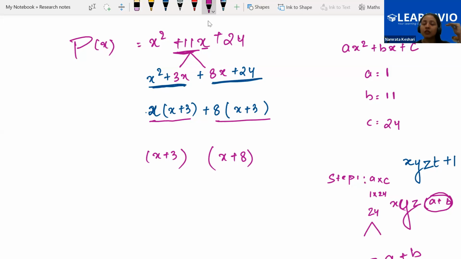We will take common factor from the first two terms, common factor from the next two terms, and then we will proceed. If both the brackets are coming exactly the same, then are we on the right track? Yes, we are on the right track, because this x plus 3 here also, x plus 3 here also. Then only we will be able to proceed from here. Okay, and this is our last step. The factorization part is splitting the middle.